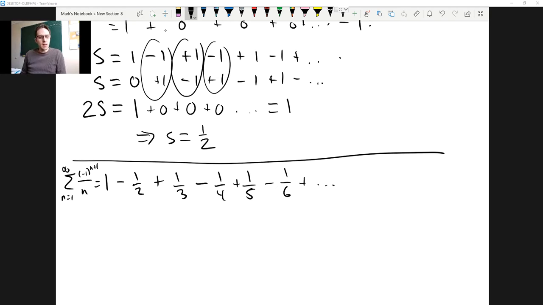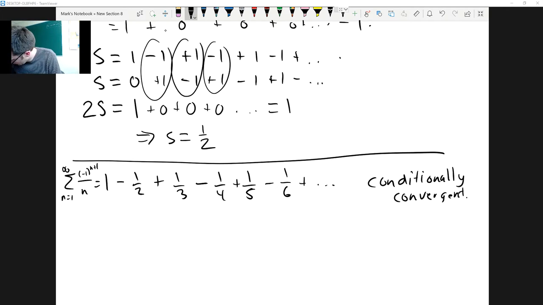Okay, and we showed that that is conditionally convergent. And I'm just going to warn you, things are going to get a little bit weird. The reason for this is that we're assuming we can do things that we shouldn't be able to do. So there's a flaw in this argument. Just keep in mind that when you get weird answers, that's because we made a faulty assumption.